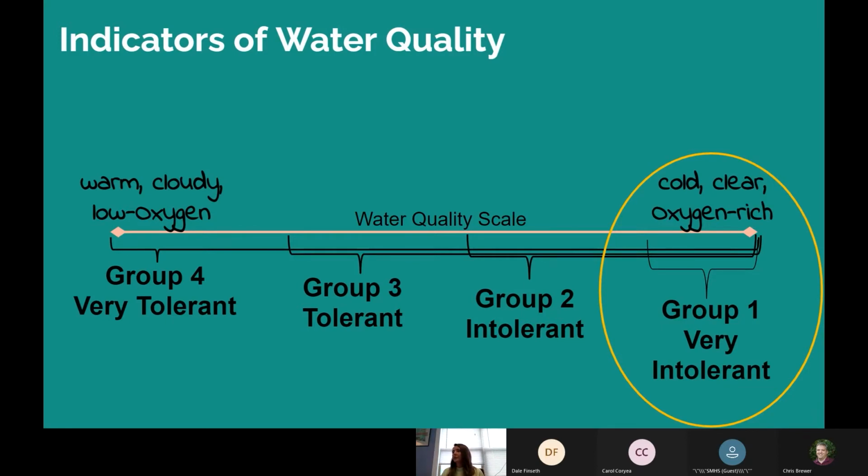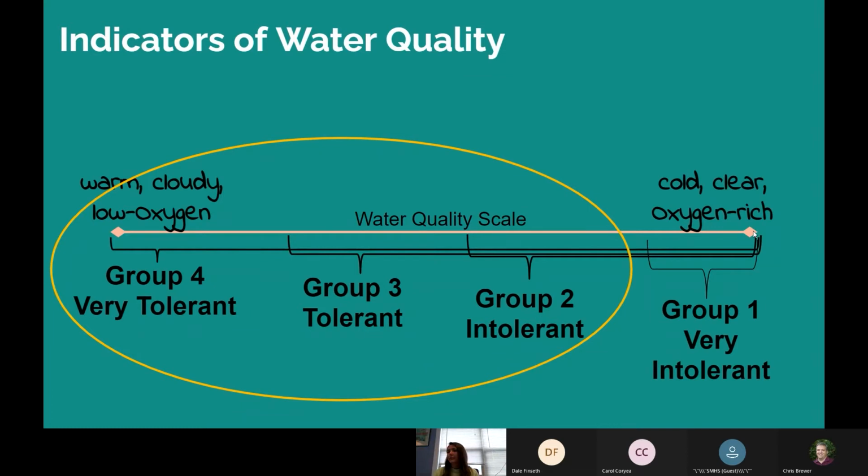So when we do a test, it's most important to look and see what bugs are in this group 1, which is considered very intolerant of pollution or very, very sensitive. So those are the species that need that cold, clear, oxygen-rich water, whereas the other ones can be a little bit more flexible in their needs.